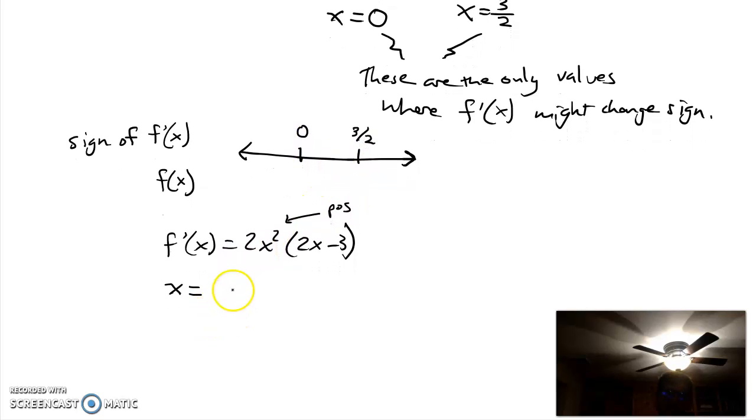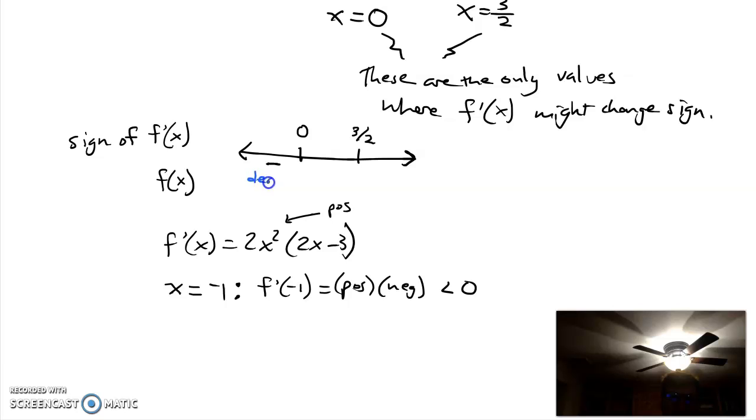So maybe I'll try -1 first, because I want to find out what is happening up until that 0 value. I'm going to test values around it. So f prime of -1, this will be positive, always positive, times a negative. So it's going to be less than 0. So it's negative on this part, and we have to change colors, which means it's decreasing.